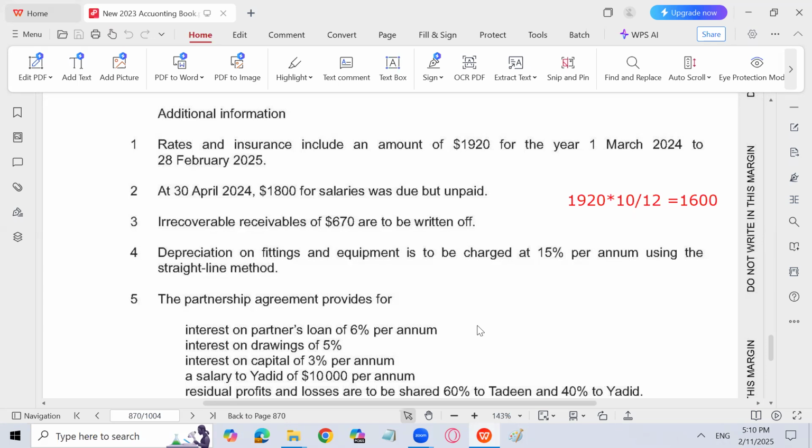I repeat again, interest on partners loan will be written under the heading of expenses and it will also come on the credit side of partners current account.